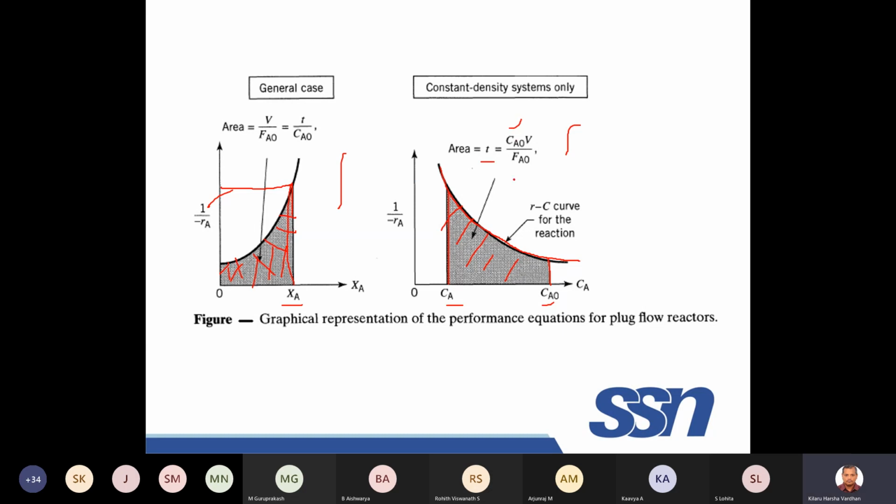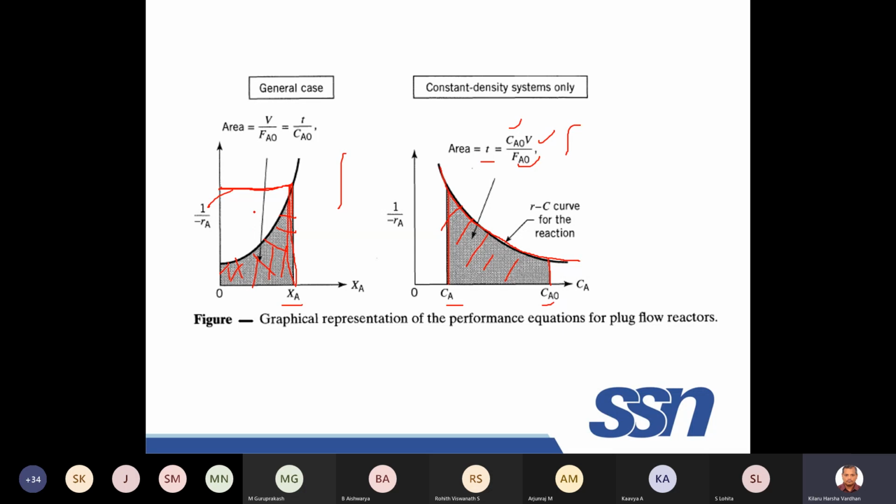Because CA naught you know and Fa naught you know, you can calculate the volume of the reactor required. So remember, for a CSTR it is the area of a rectangle. That is easy because you know this length and this length, then you multiply both to get the area.